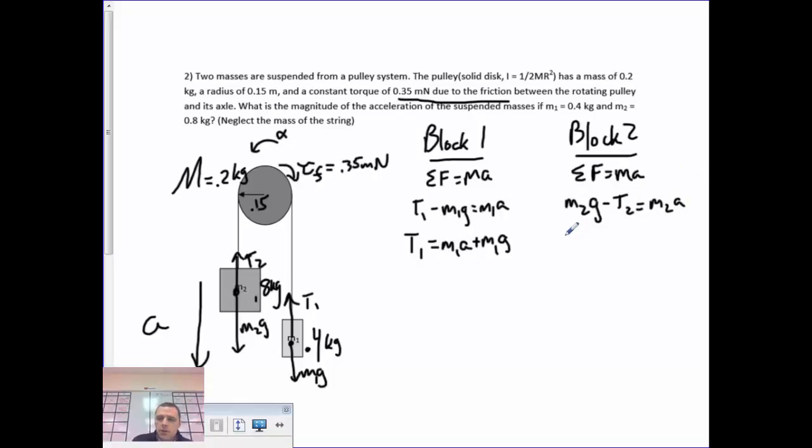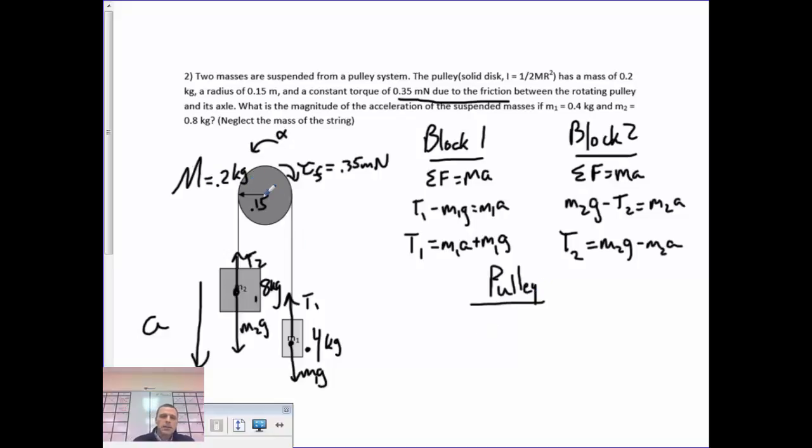Solving for tension 2, I'm going to get m2g minus m2a. Now I have an expression for tension 1 and tension 2, which is useful because I'm going to need those in a minute after I write an equation of motion for the pulley.